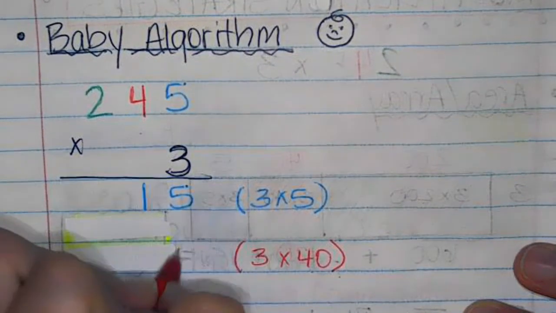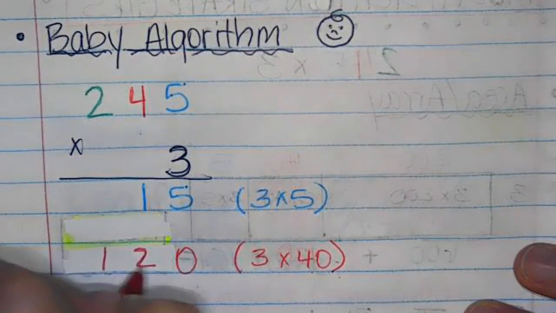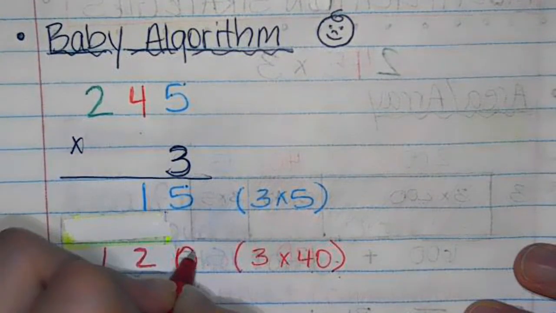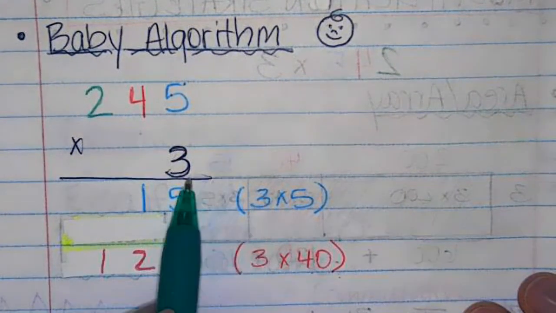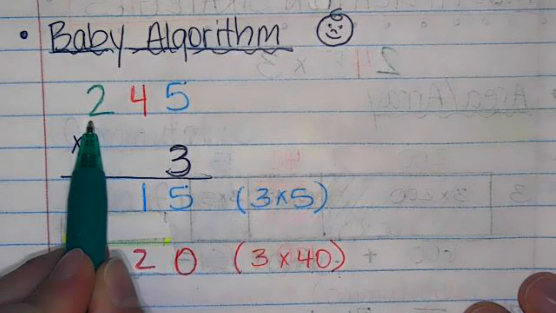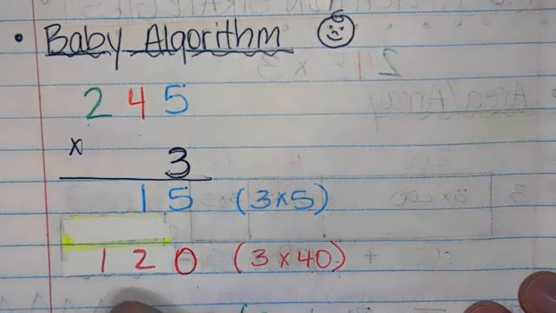So we put the 0, the 2, and the 1, which is 120. Now we need to distribute this 3 to the 2 in the hundreds place. So that is 3 times 200.